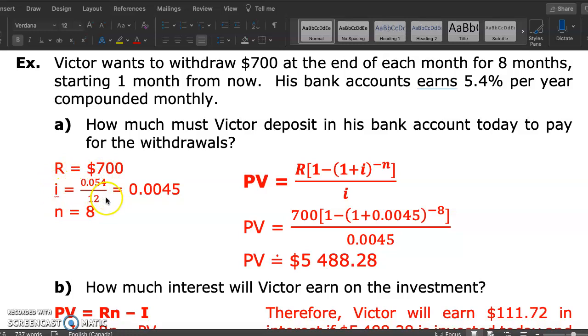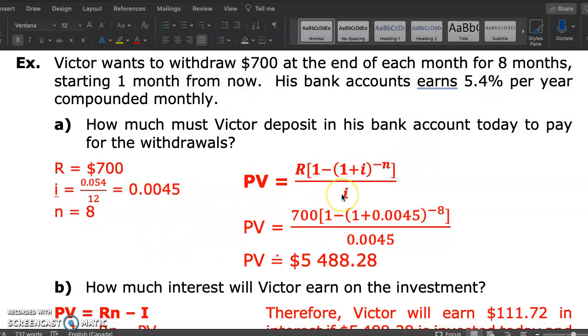The interest earned is adjusted from the annual percentage rate to a monthly rate by dividing by 12. And the number of compounding periods, or number of withdrawals, is 8 because it's monthly withdrawals for 8 months.